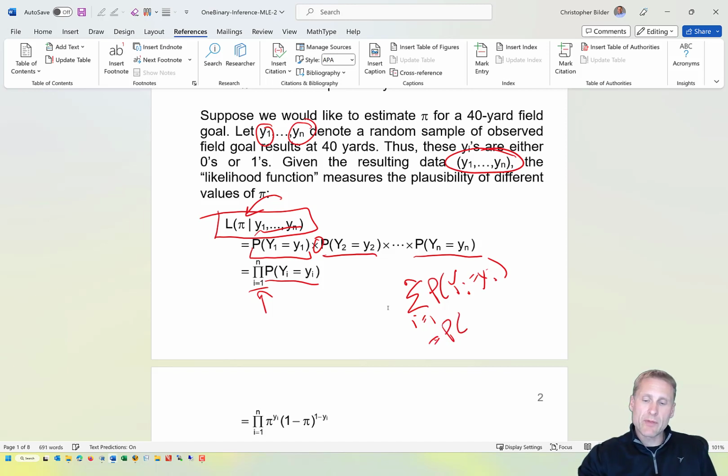This would be the probability y sub 1 is equal to little y sub 1 plus, and we keep on going all the way down to the nth value. Now, instead of using sums, we use a product, and it's denoted by an uppercase pi letter. This has nothing to do with the pi probability of success, though.